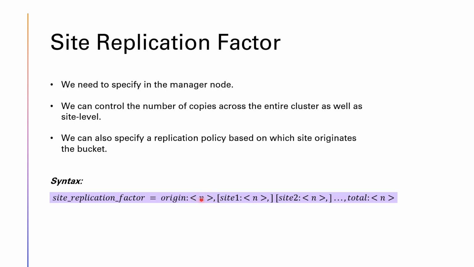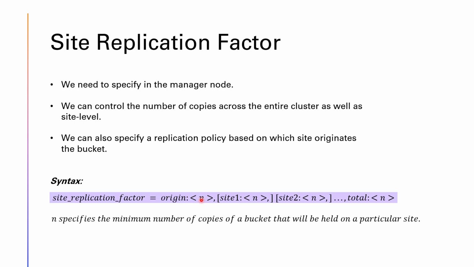So this n tells me the minimum number of copies of the data or the bucket, because in Splunk data is stored in terms of buckets, right? So how many copies of the buckets will be held for a particular site. So origin is telling me the search peer which is originating that particular data, where the data is getting originated, it will get n number of copies, and that is mandatory.